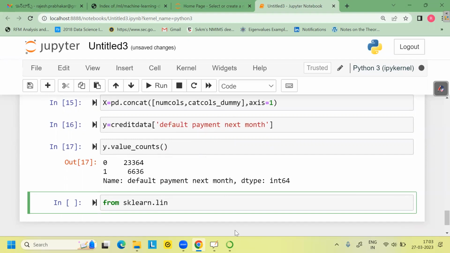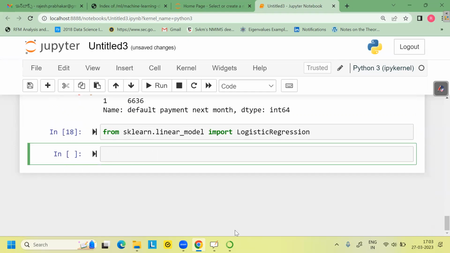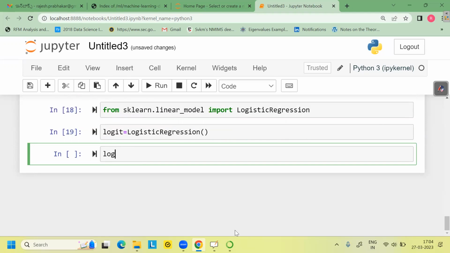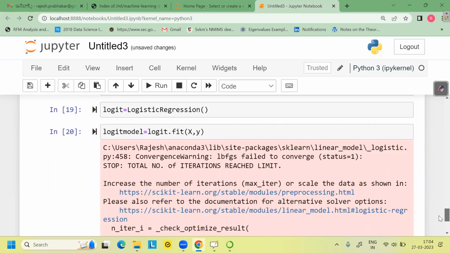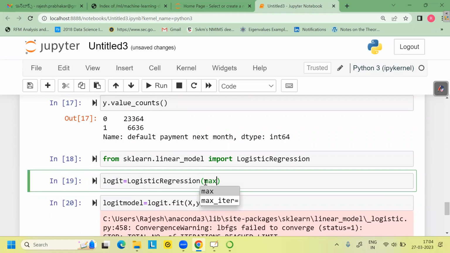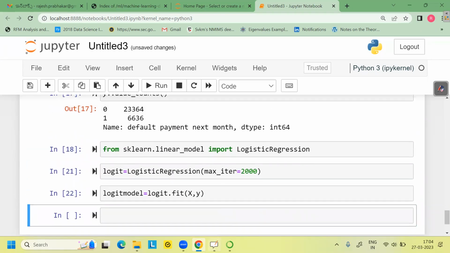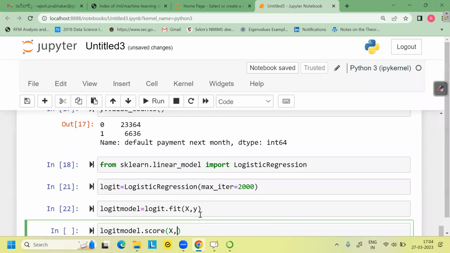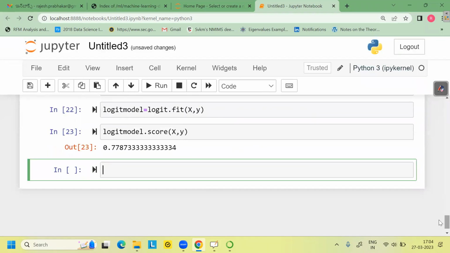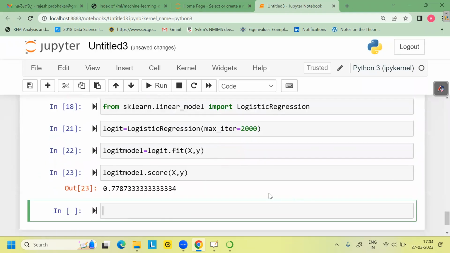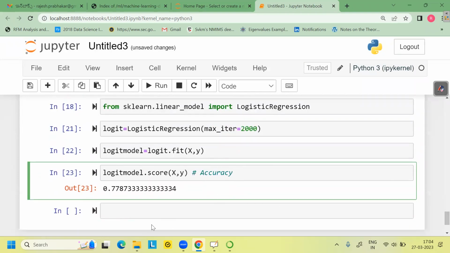From sklearn.linear_model, import logistic regression, because the dependent variable is binary, 0 and 1. logit_model is equal to LogisticRegression, fit X comma Y. Oh, iterations have reached the limit, so max_iter. Oh, we should have done scaling also, right? The numbers have larger values. Okay, logit_model.fit X comma Y. 77.87 is the accuracy.